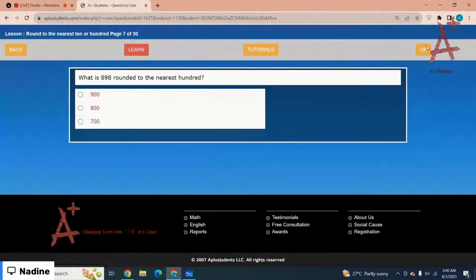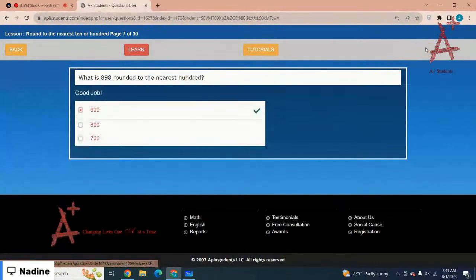Which is the correct option? 898 is rounded off to 900. The correct option is 900.